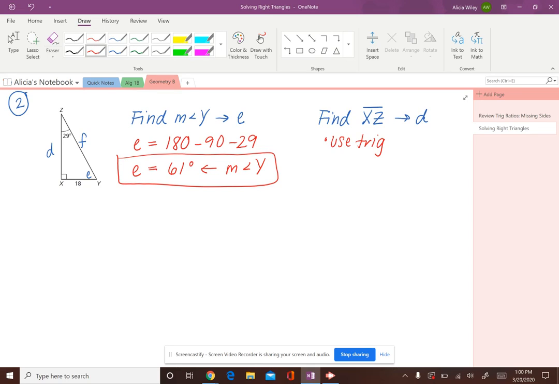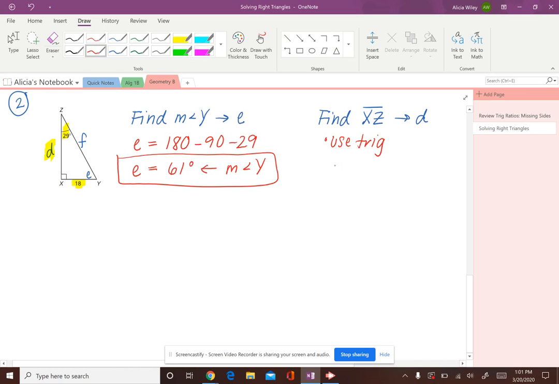So I'm going to deal with angle 29. And so here, I'll mark this. I'm going to deal with my angle 29, and I'm trying to find D, and the only other side that I know is 18. So that's what we're looking at right now in order to do this problem. Okay, so knowing that I'm at 29 and neither of these are our hypotenuse, I know that I'm going to use tangent.